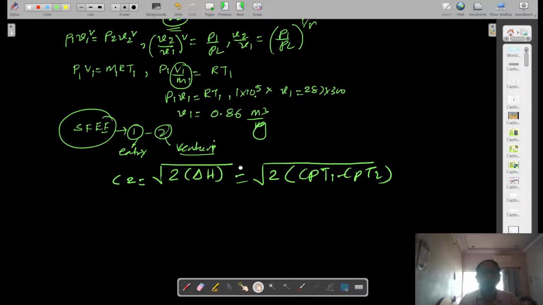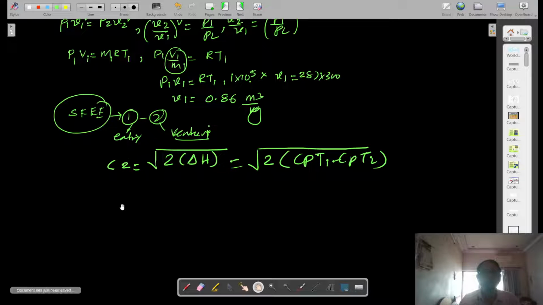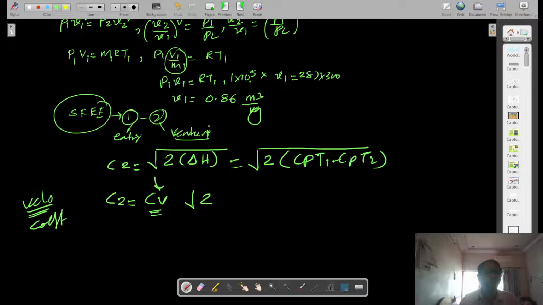So again, further what I can write here is C2, since the velocity coefficient is given now, so I have to write CV, the velocity coefficient, into, so this has to be modified. C2 is CV into square root of twice CP T1, if I take inside, it becomes 1 minus T2 by T1.